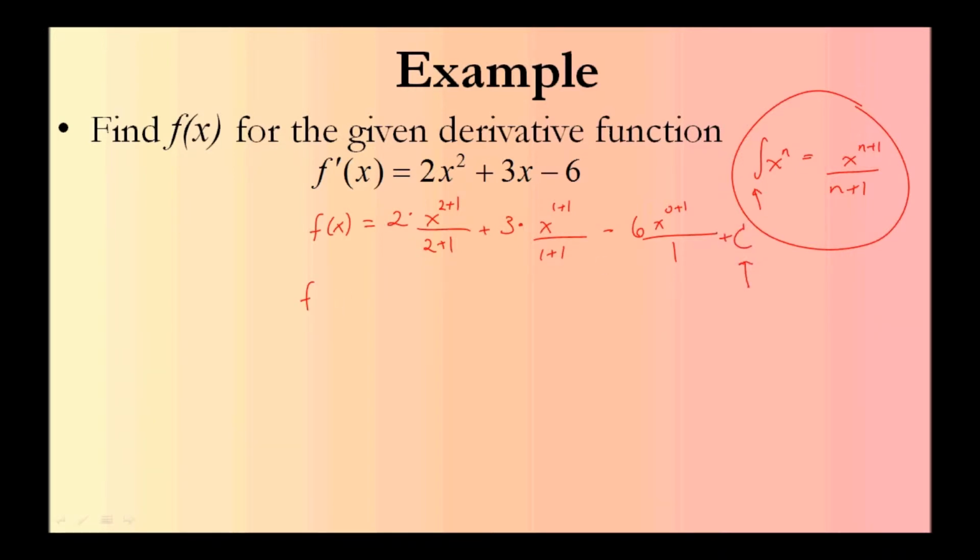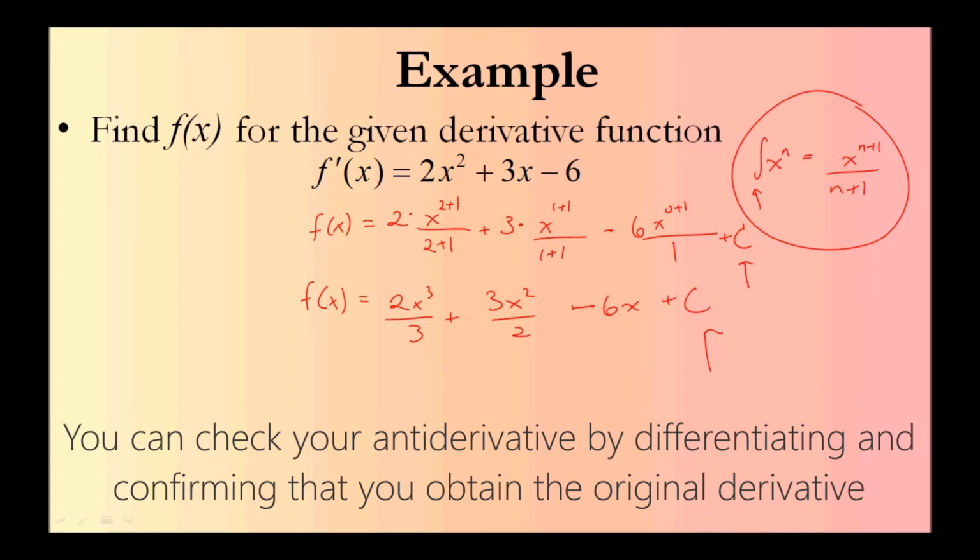C is our arbitrary constant. F of x is equal to 2x cubed divided by 3, plus 3x squared divided by 2, minus 6x plus c.